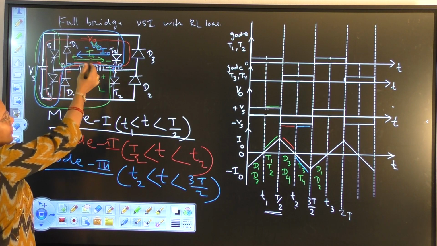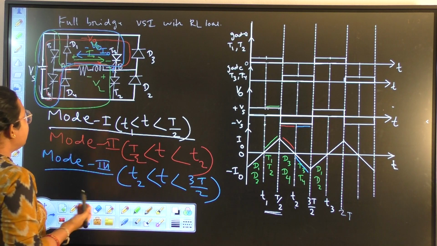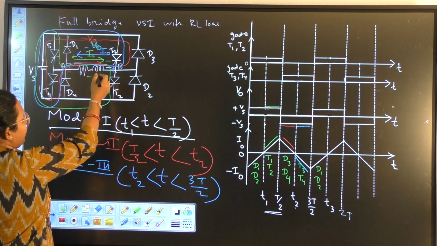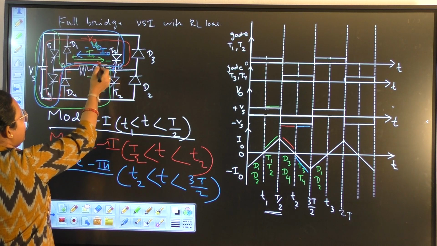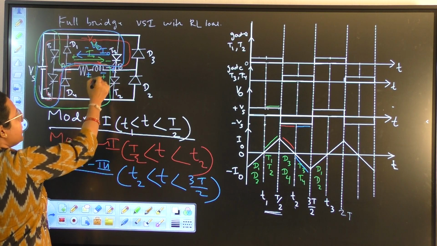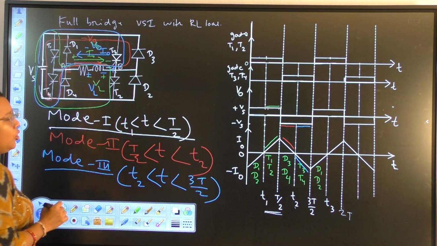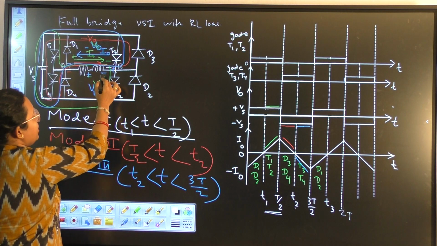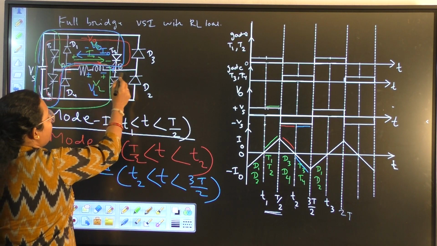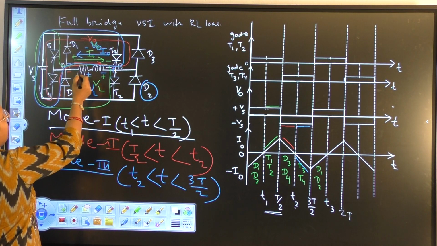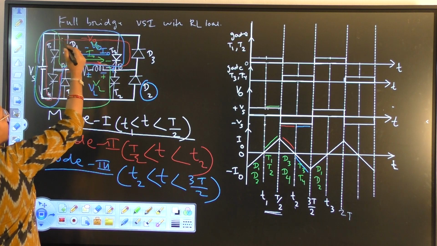By that time the inductor is storing energy, but the self-induced EMF across the inductor will be opposite to the current, that means plus minus VL. Now the minus sign will forward bias D2 and the plus will forward bias D1.